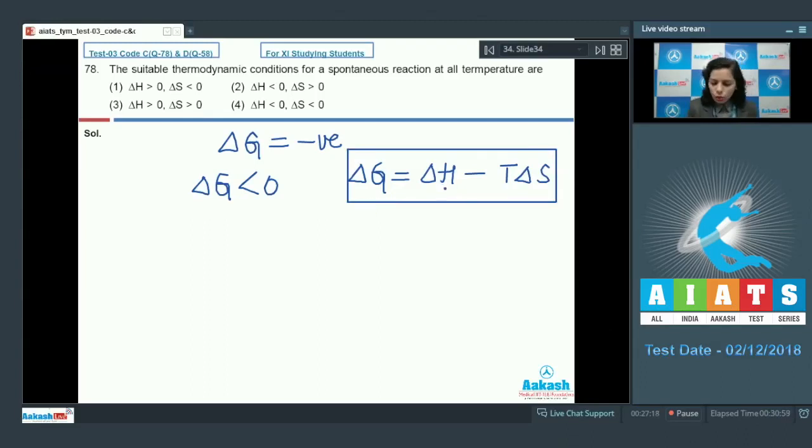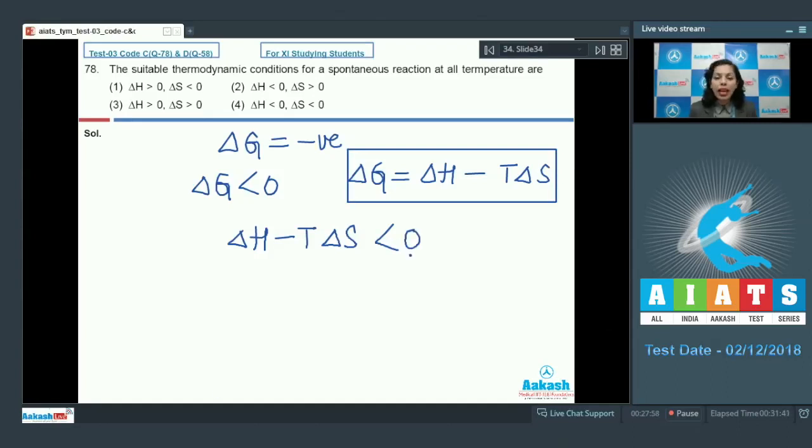So in this case, the two values are delta H and delta S. The question is, you just have to find out that condition which is there for spontaneity at all temperatures. It means irrespective of temperature, the reaction should be spontaneous, and in that case you just want to find out the values of delta H and delta S. If you look at this given reaction, you will see that delta H minus T delta S, that is equal to delta G, should be less than 0 in this case.